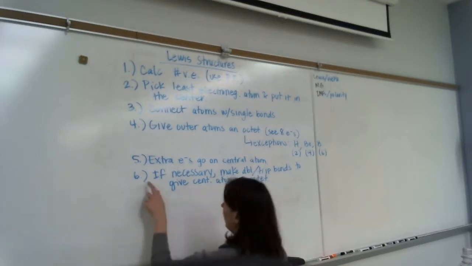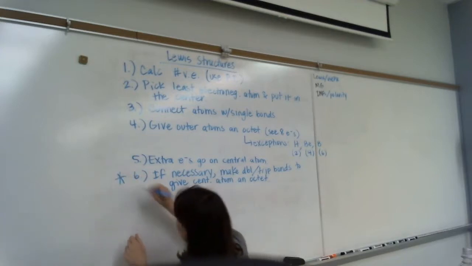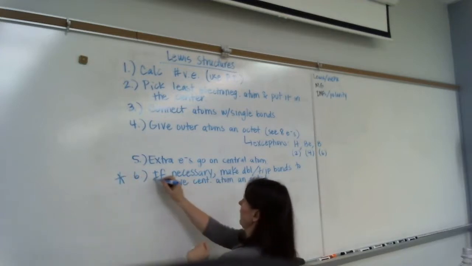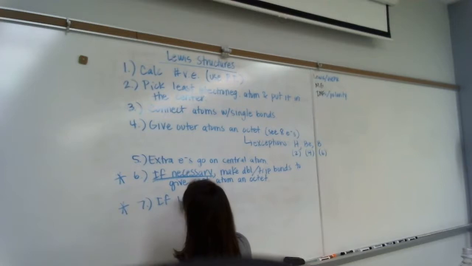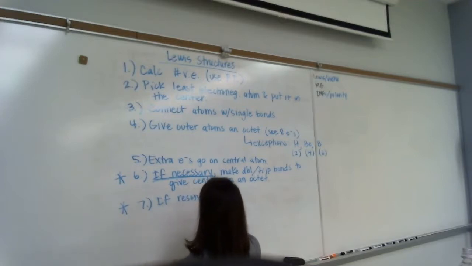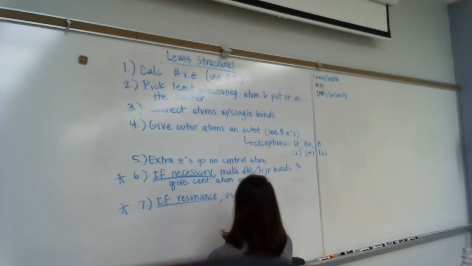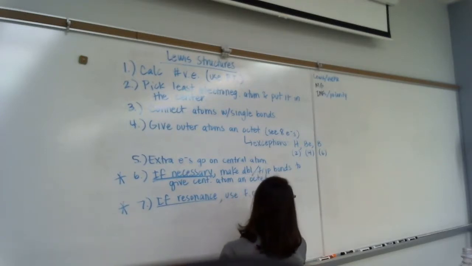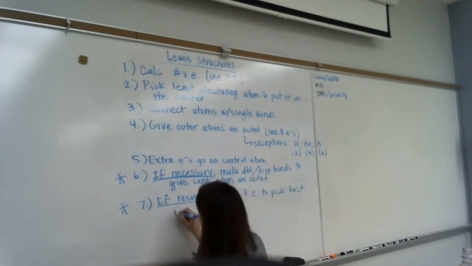And then if you do step 6, that's an optional one, right? If necessary. And then step 7, if necessary, if resonance exists, use formal charge to pick the best resonance structure.